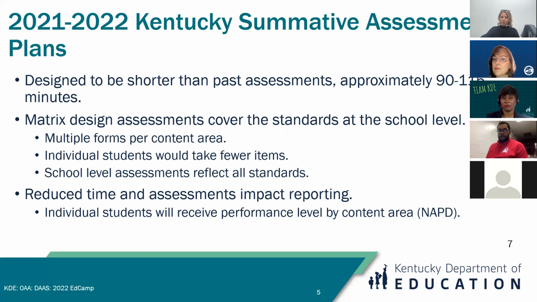Anything you need me to clear up here before we move on? So I just want to say once again, we're planning to have a shorter test, and it will vary by content. And again, we hope to have those testing times nailed down, and we'll be sharing those out as soon as they're finalized. Any additional questions?